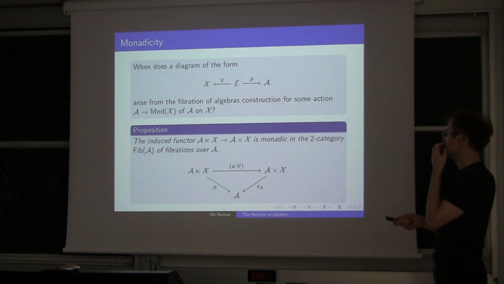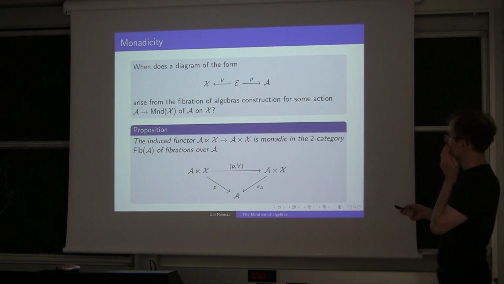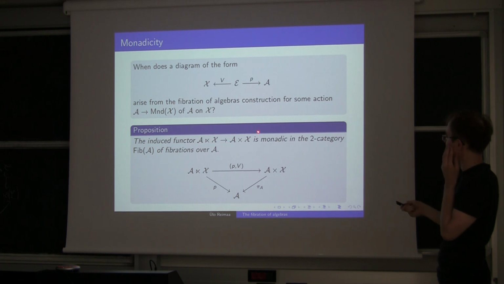Well, it has been proved that this is actually quite a simple answer. So this fibration of algebras is actually monadic over A times X. Well, that's quite nice, but it's actually monadic in the two-category of fibrations over A. So it is monadic in a very special way.